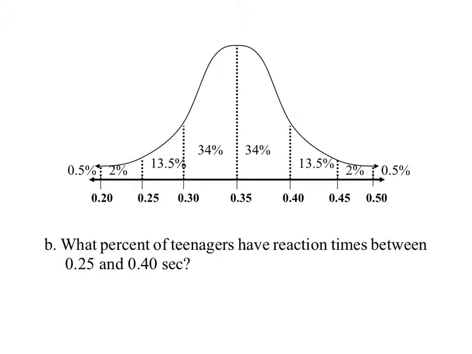So we're going to add up all those intervals together to get a total percent of teens with reaction times between this value here and this value here. So 13.5 plus 68% is going to give us 81.5% of teens with between those two reaction times.